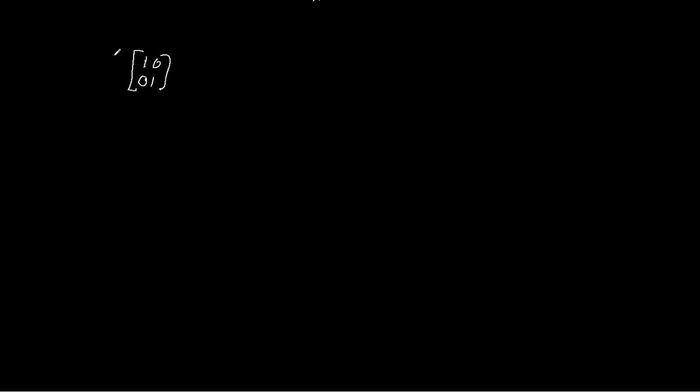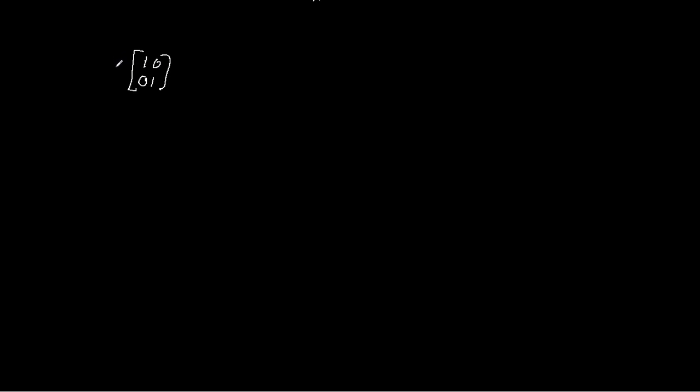Is the first non-zero element in every row a 1? Check. Check. Is each leading 1 to the right of all the leading 1s before it? So what does that actually mean? That means that if this is a 1, the leading 1 in the next row has to be over here somewhere. And in this case, it is, so that's right.